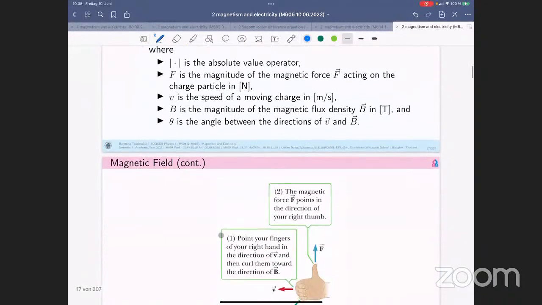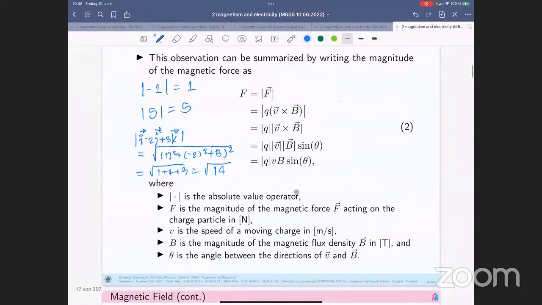Now let's talk about the next feature of this formula. What is the maximum value for the induced force?